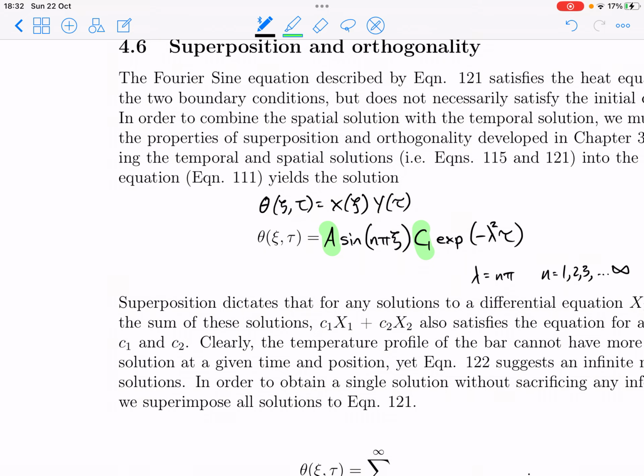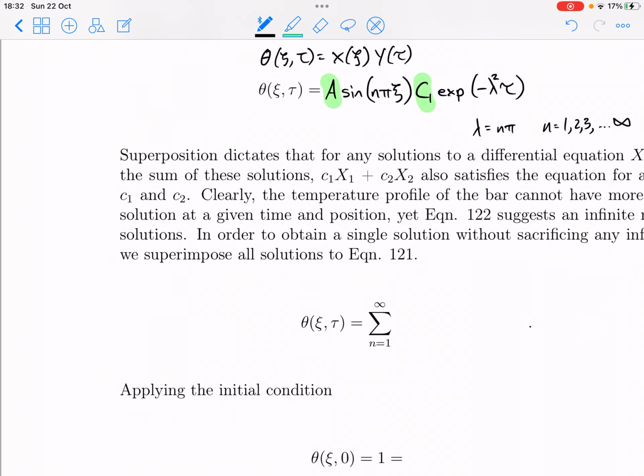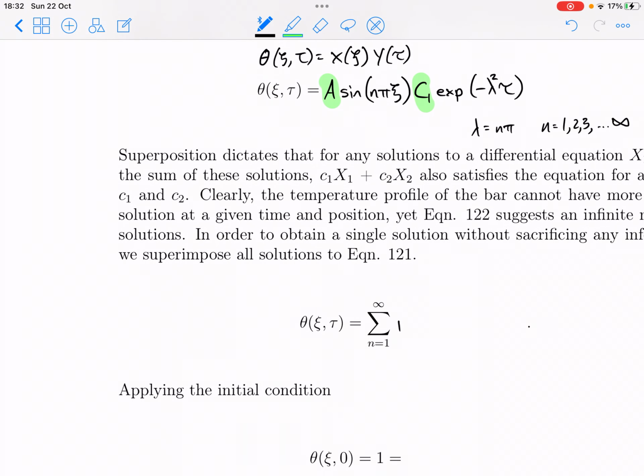So we can just go ahead and write that summation over infinity. So we'll call our constant of integration B_n, where index n is any value from 1 to infinity. And then we've got our sine dependence on xi, and we've got an exponential dependence on tau. And I'll write this as n pi. We can substitute in for our value of lambda.